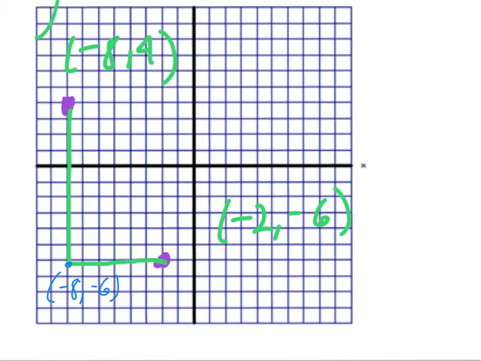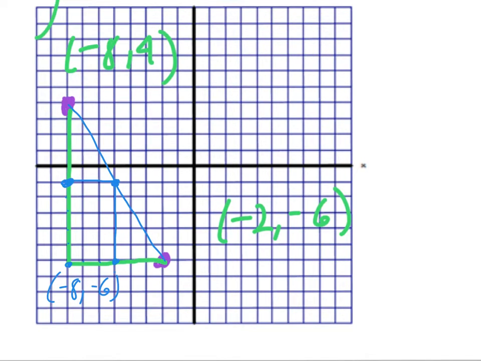So if I just go up 5, so 1, 2, 3, 4, 5, I get to where that midpoint would be. And then from negative 8 over to negative 2, that would be a distance of 6. So if I just go right 3, that's where that would be. So straight up from here, straight over from here, gets me to where that midpoint would be between those two.